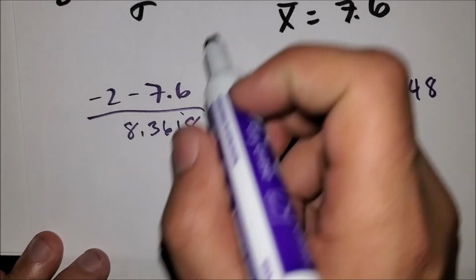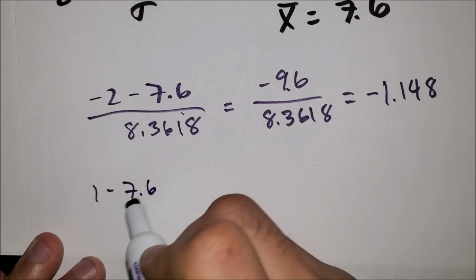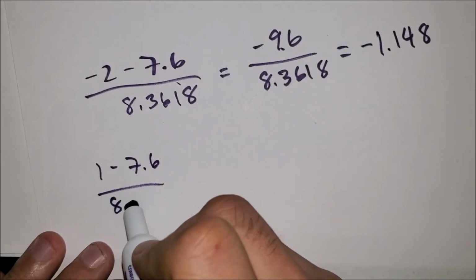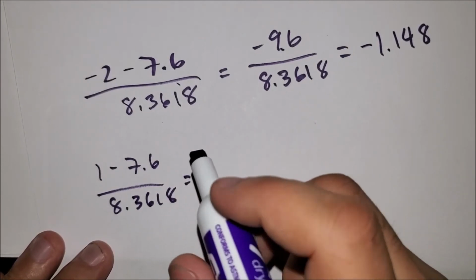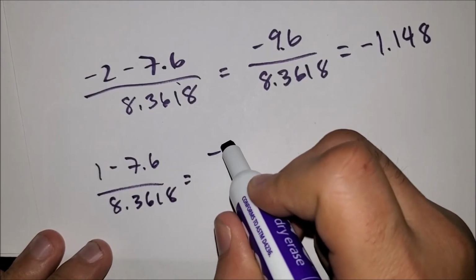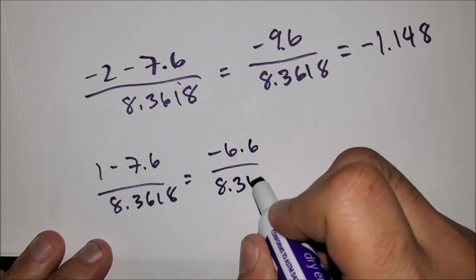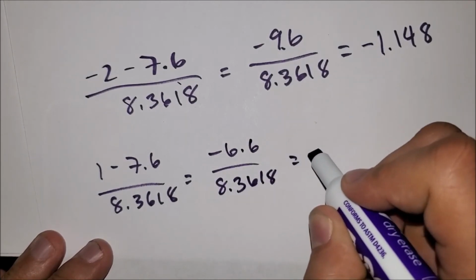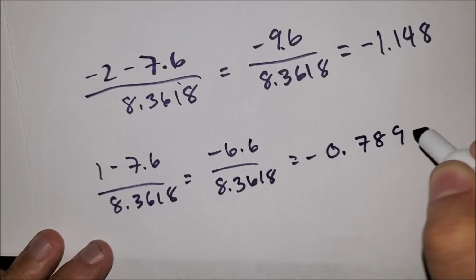For 1, we get 1 minus 7.6 over 8.3618. This is -6.6 over 8.3618, and this equals -0.789.